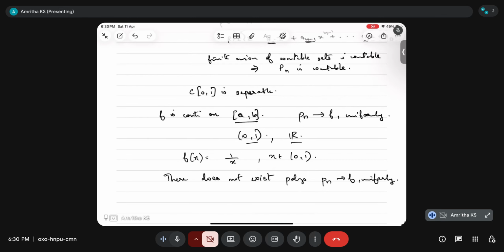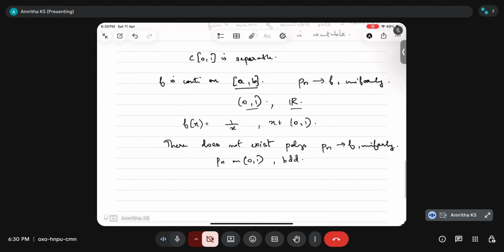But this is easy to see because suppose I take Pn's on (0, 1), then they are bounded, right? All of them are bounded. Now suppose Pn converges to f uniformly, then, as we saw two classes back, this would imply that f is bounded.